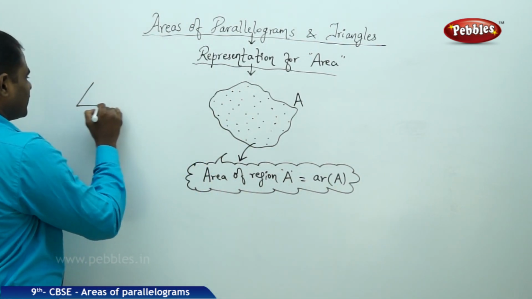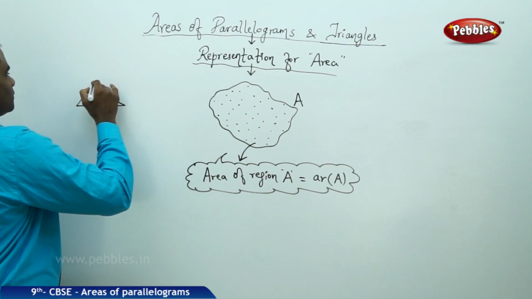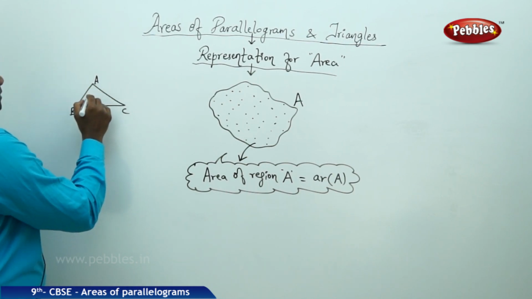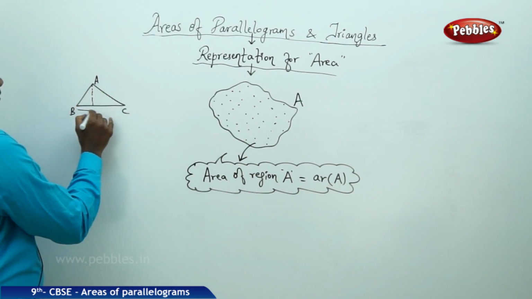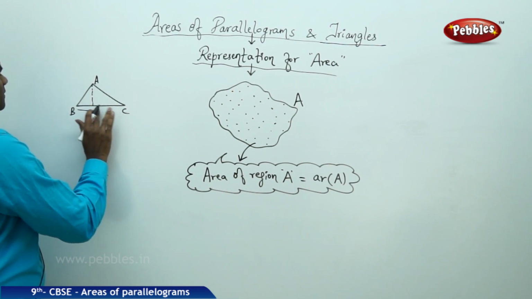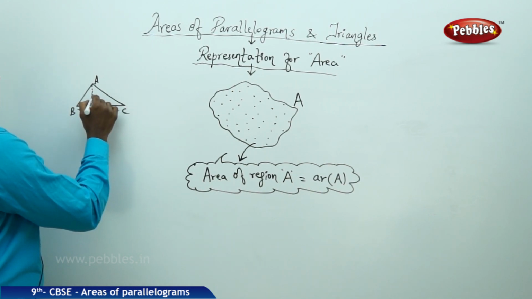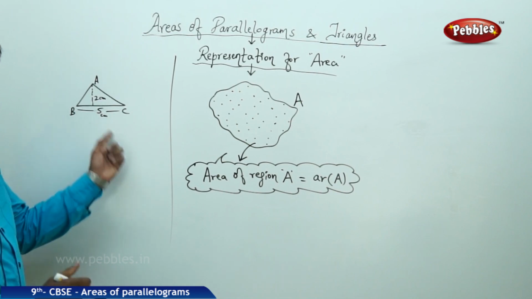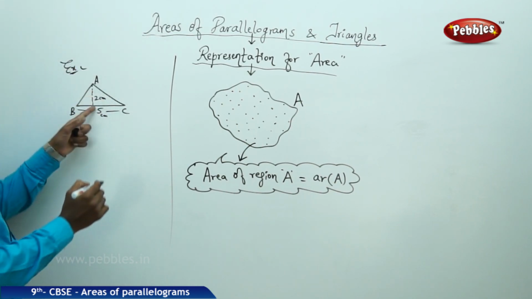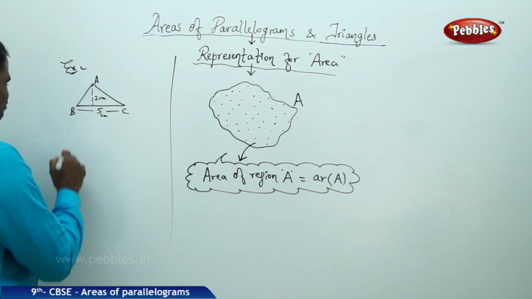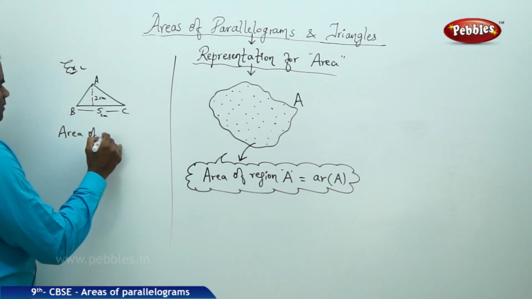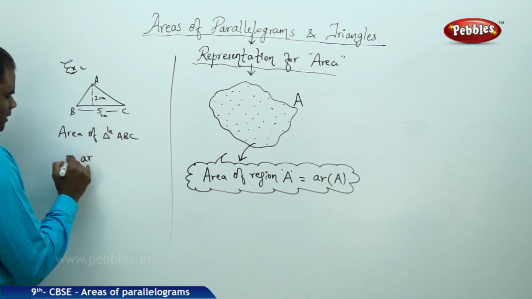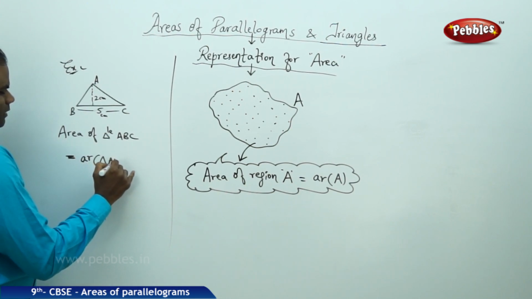Similarly, if I take a triangle ABC and take the altitude and the base to be 2 and 5 centimeters, then to find the area of this triangle, with altitude as 2 centimeters and base as 5 centimeters, the area of triangle ABC is denoted by AR of triangle ABC.